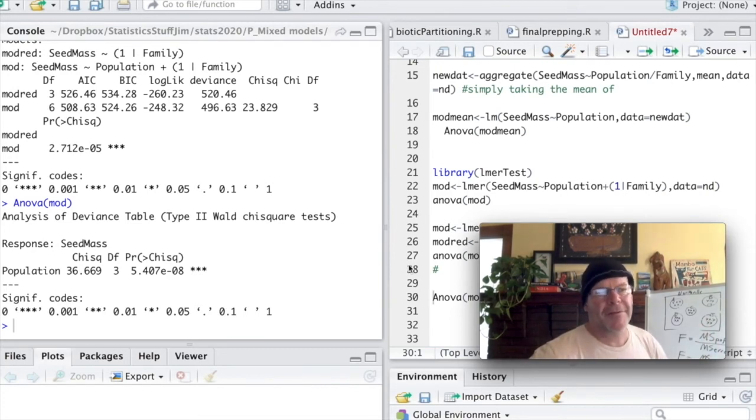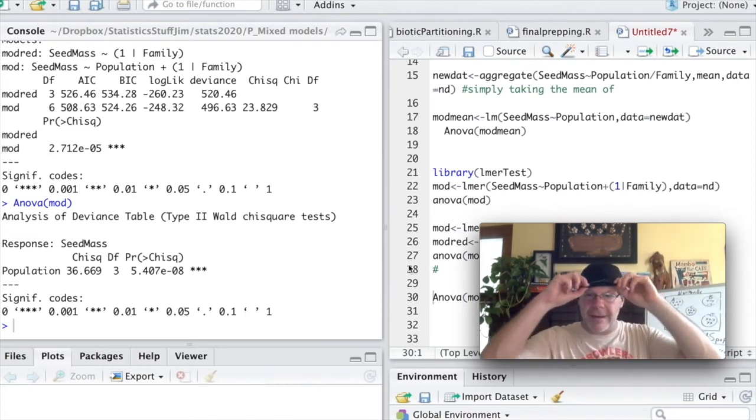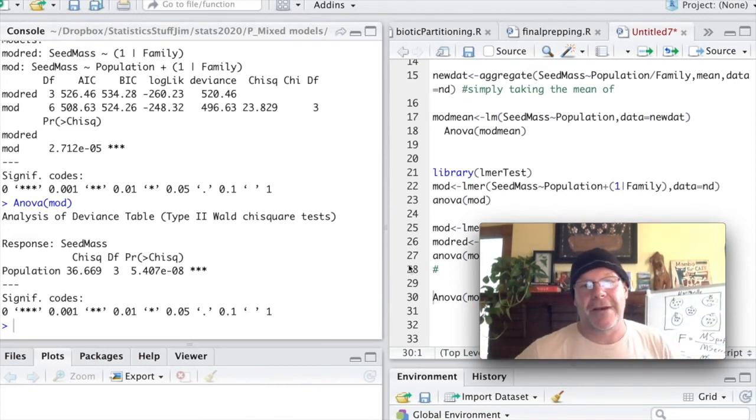Some places where nested designs are still frequently used are things like quantitative genetics, when you're trying to estimate heritability and you're interested in the amount of variation within versus among families. In those types of situations, a nested design might be appropriate. A lot of times you have no choice but to end up with a nested design just because of the reality of your experiment.